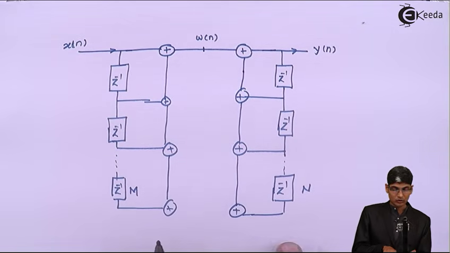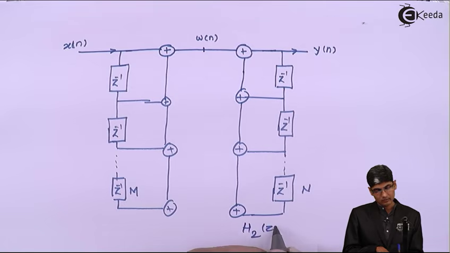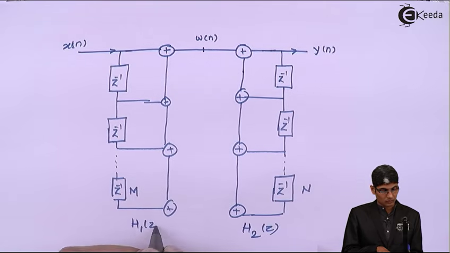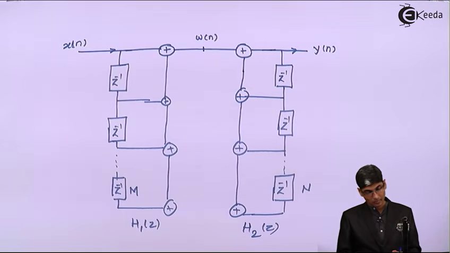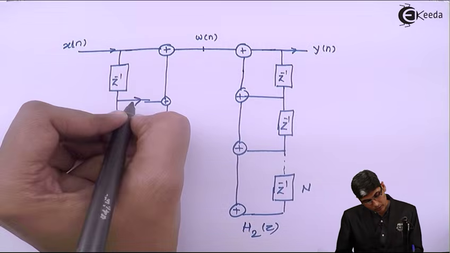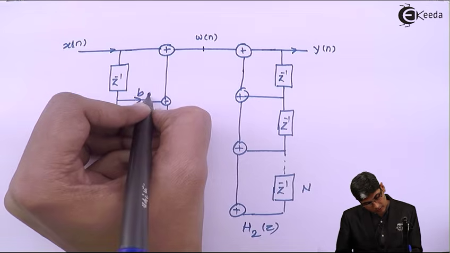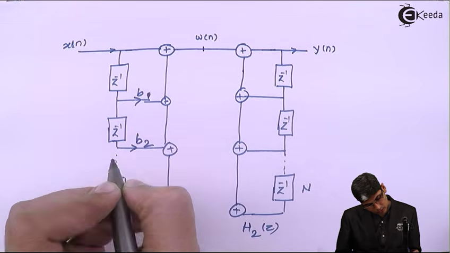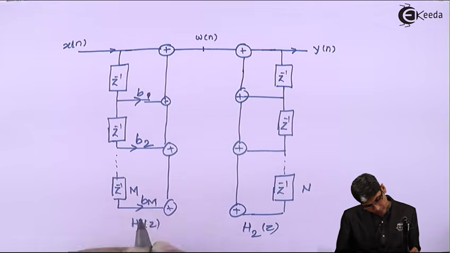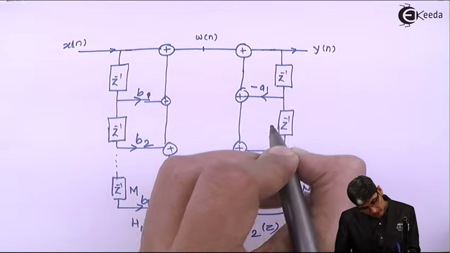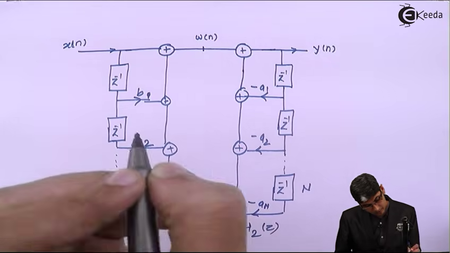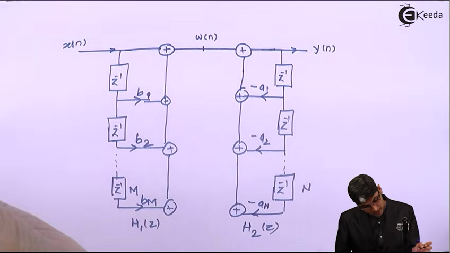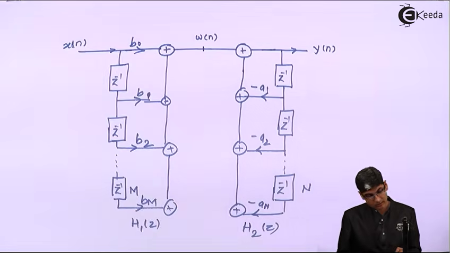So this is h2 of z, this is h1 of z, combined this is h of z. So here I am going to get b1, b2, bm. Here I am going to get minus a1, minus a2, minus an. And you are going to get here b0.